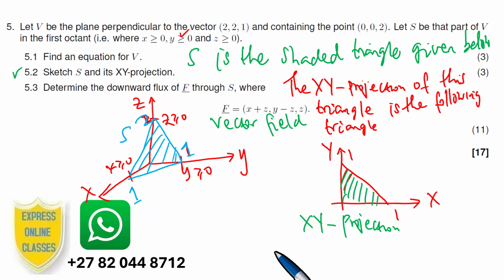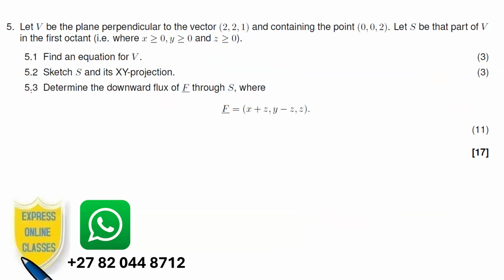We need to consider every single bit of thing we need. Let us look at 5.3, which is this one. Determine the downward flux of F through S.